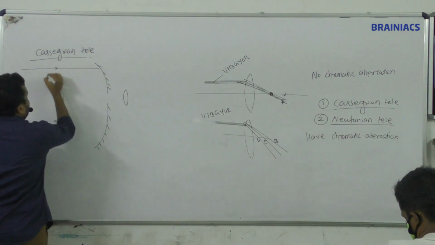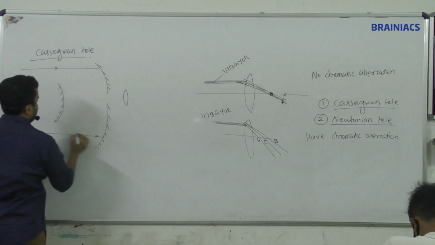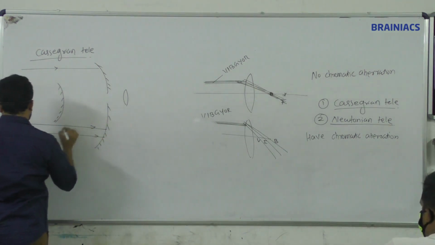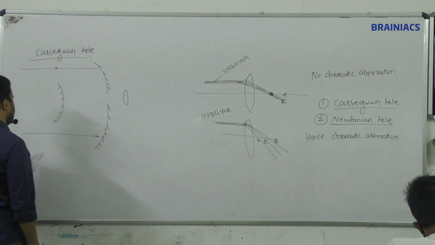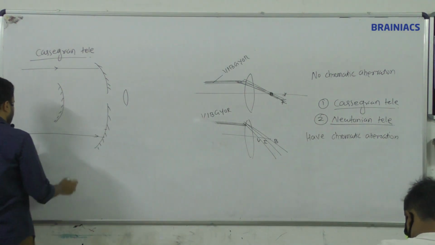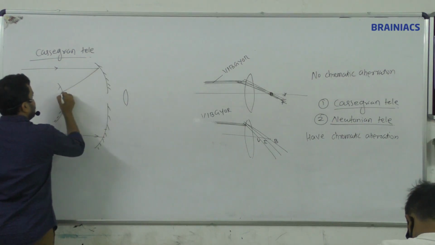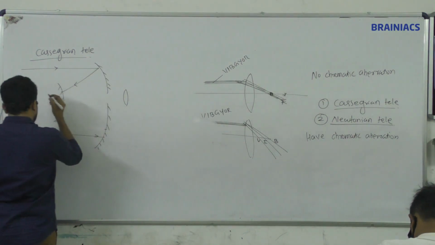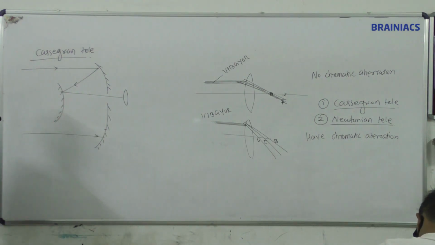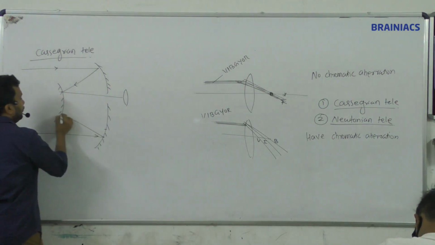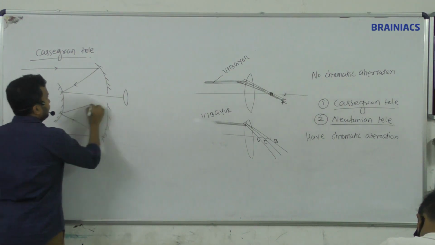Light rays from an infinite object fall first on the primary concave mirror, then on to the secondary convex mirror.